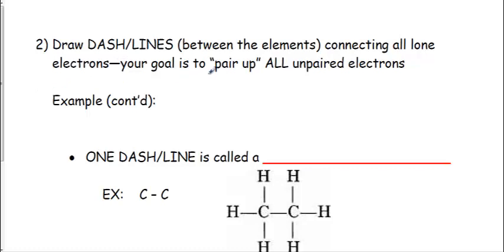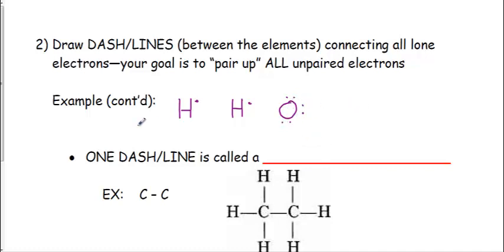Your goal is to pair up all unpaired electrons. All right. So again, hydrogen has, I'm going to put it over here, 1 unpaired. This hydrogen has another unpaired. And then our oxygen has 2 spots here.